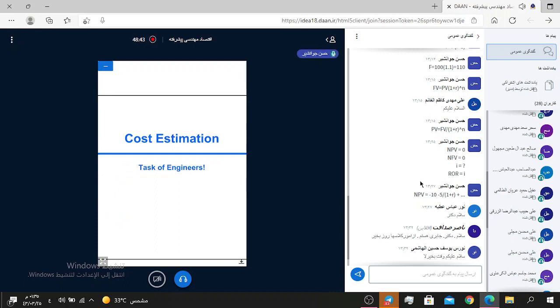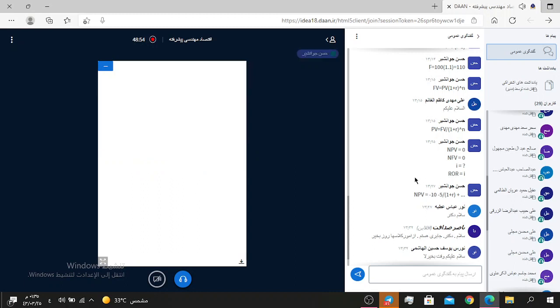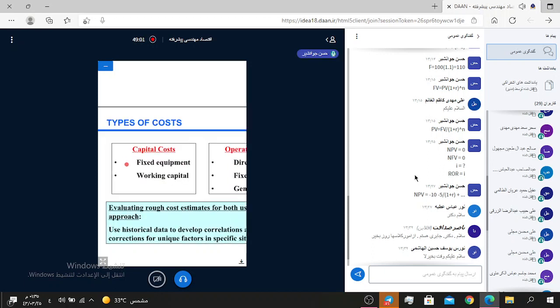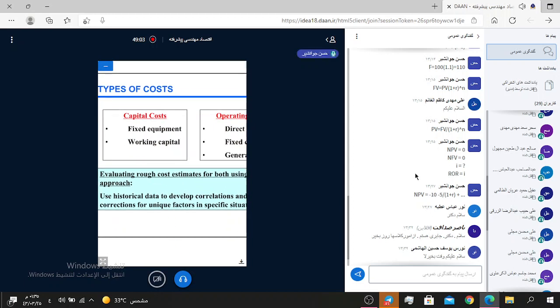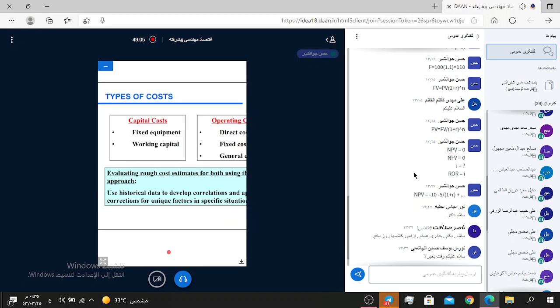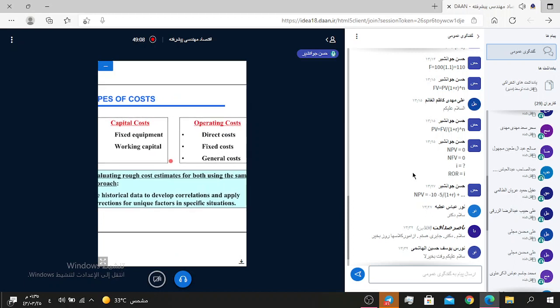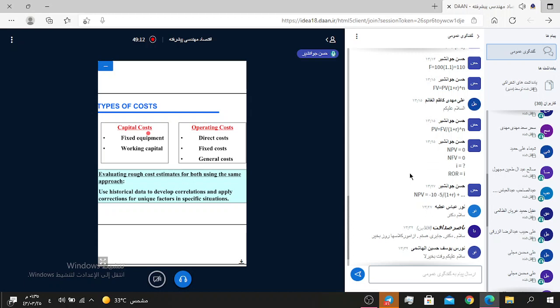Cost estimation is an important task of engineers. You can see types of cost: capital cost and operating cost.